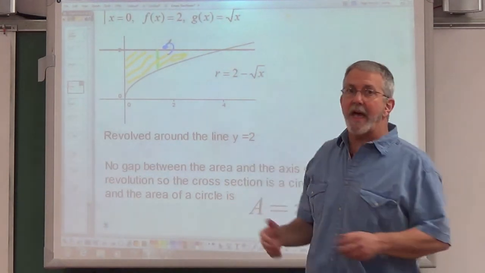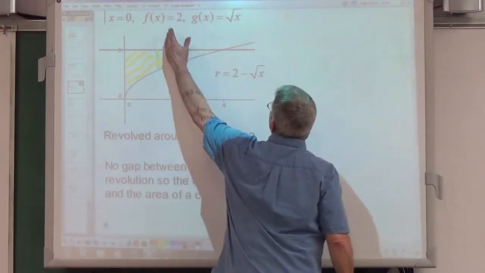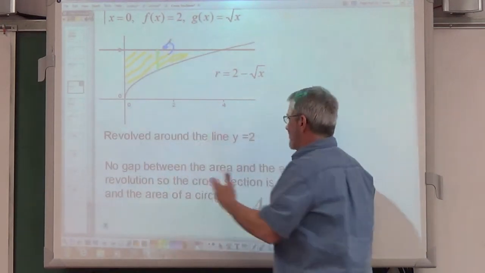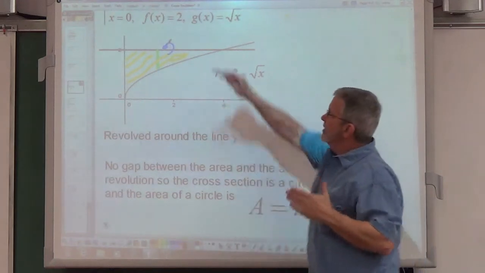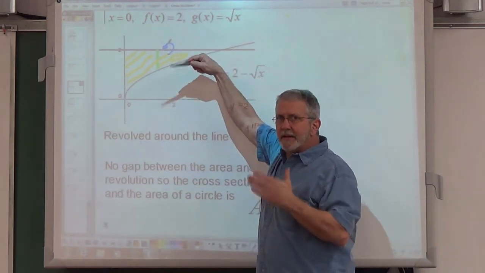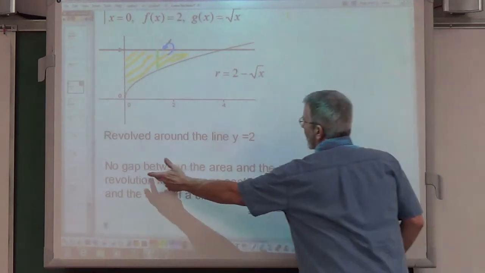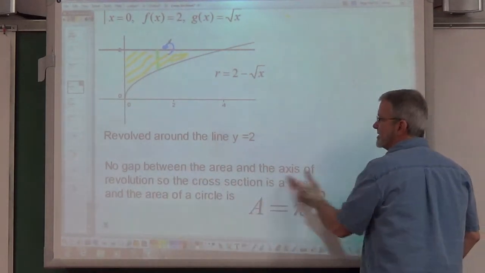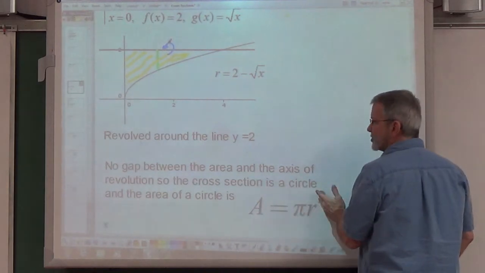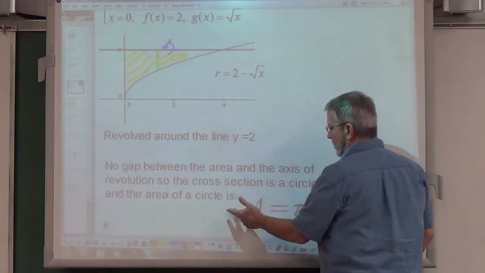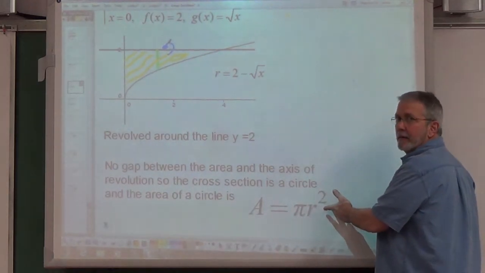In this case, there is no gap. If there is no gap between the area and the axis of revolution, then the cross-section is simply going to be a circle, and the area of a circle is pi r squared.